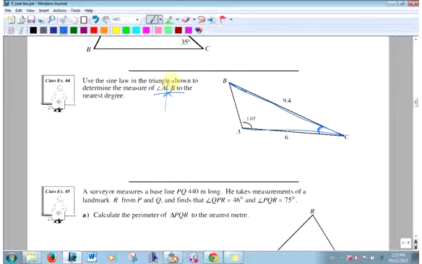That's your hint. Well, what's sine law? I know sine of A over little a is sine of B over little b is sine of C over little c. Which ratios are going to help me here?